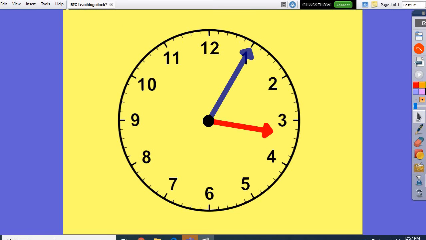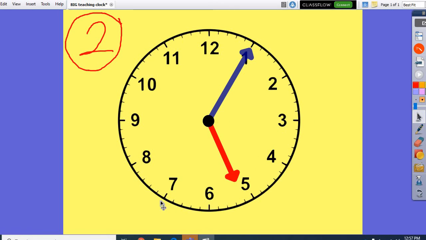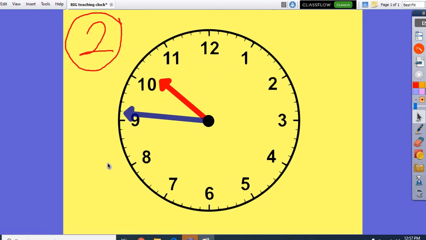Alright, our next one, this will be number 2. Let me move our hands to make a different time. Let's try this one. I'll move that hand just a teeny bit. Alright, please tell me this time in 2 different ways.